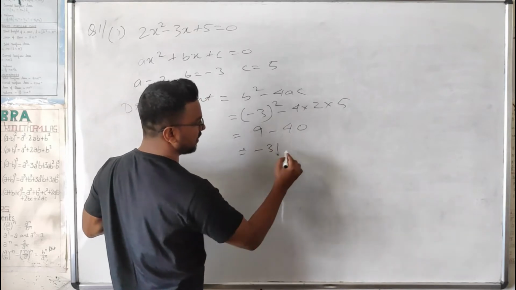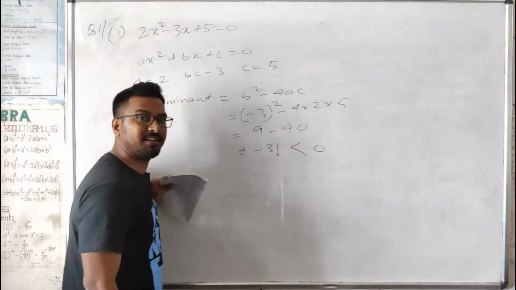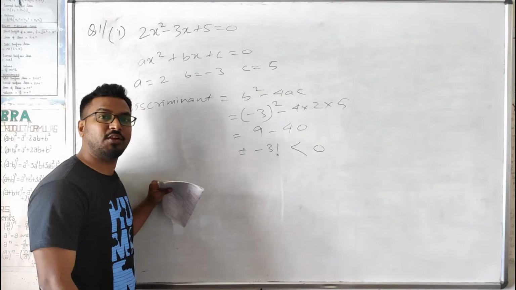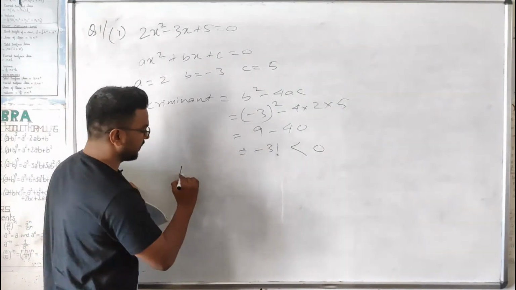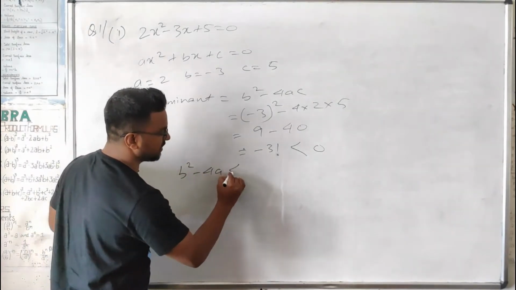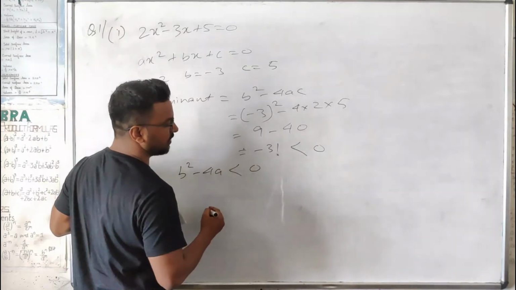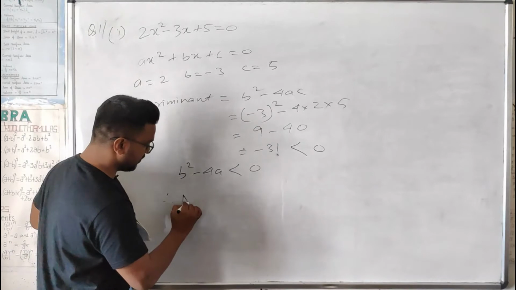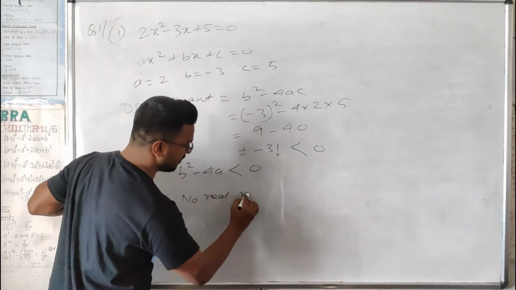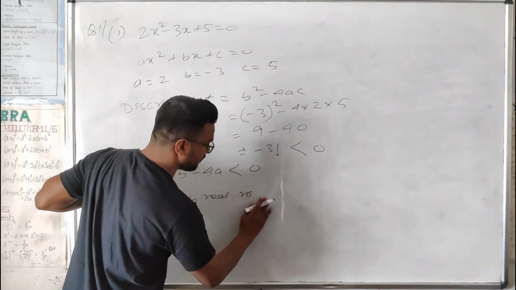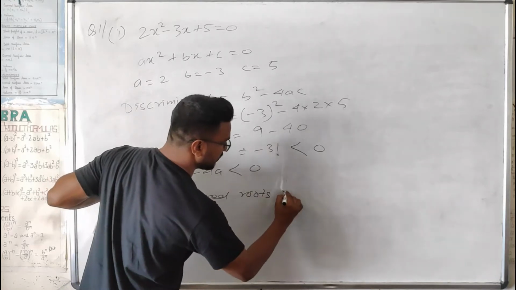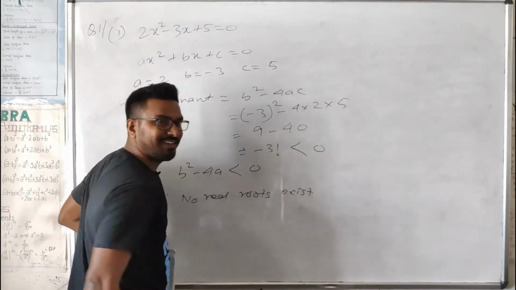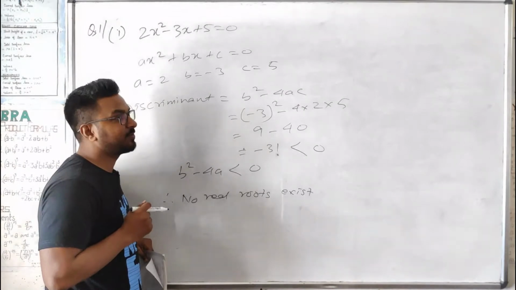So this is less than 0, right? If b square minus 4ac is less than 0, then no real root exists. Therefore no real roots exist. Clear? We'll do the next question.